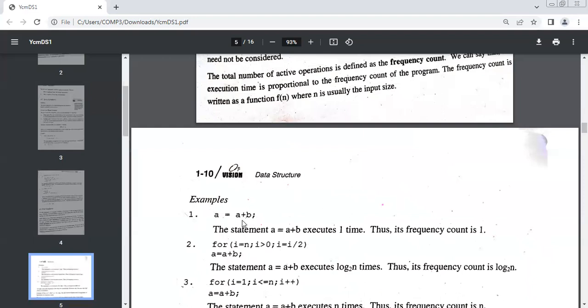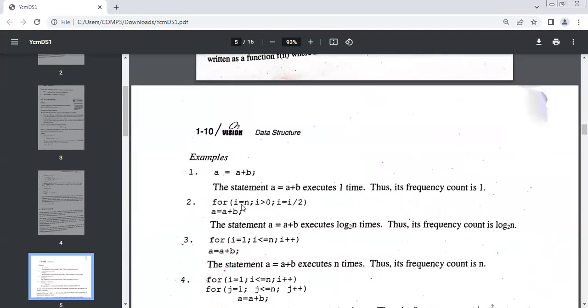Look at these examples. Here is an example of A is equal to A plus B. This statement, A is equal to A plus B, executes only once. Means execution of this statement is done only once. So the frequency count of this statement is 1. Take another example.